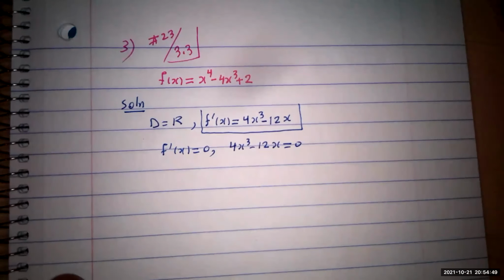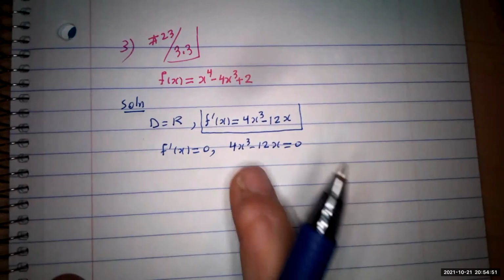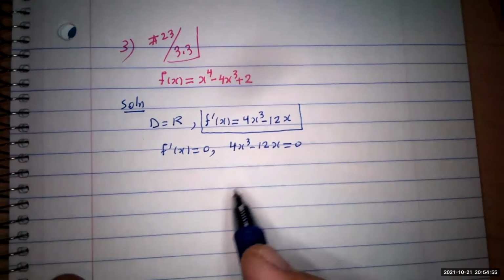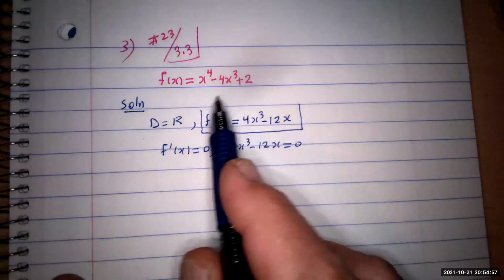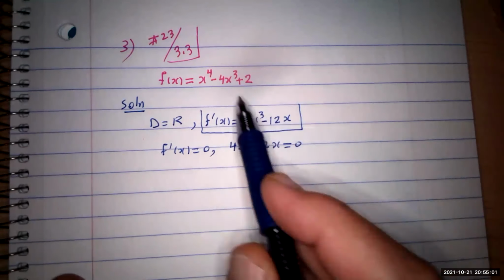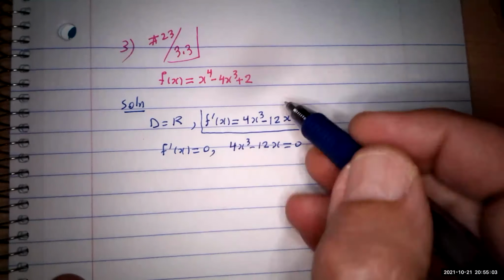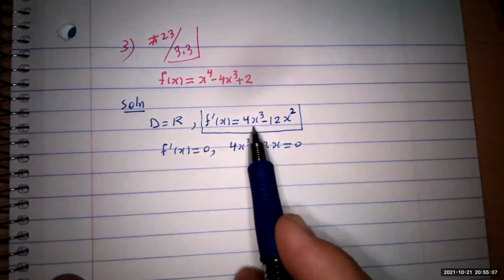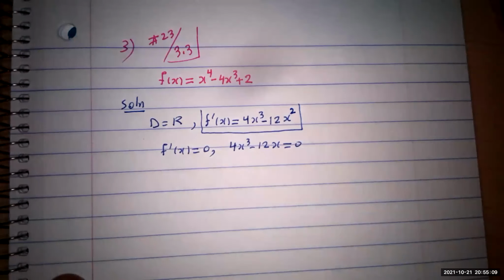We use factoring, of course. You have a common factor of 4x. Oh, I missed a square here. 3 times 4, 12, so that gives you 12x squared, yes. It's 4x cubed minus 12x squared.